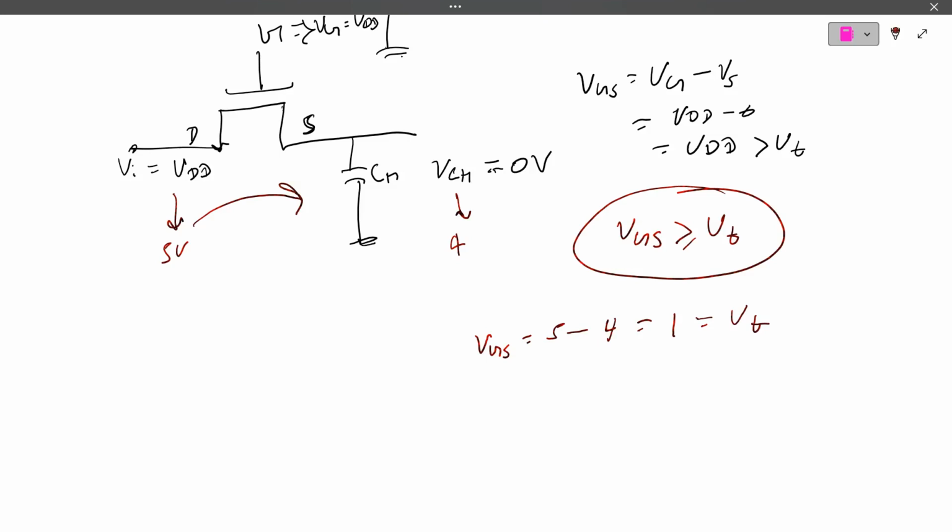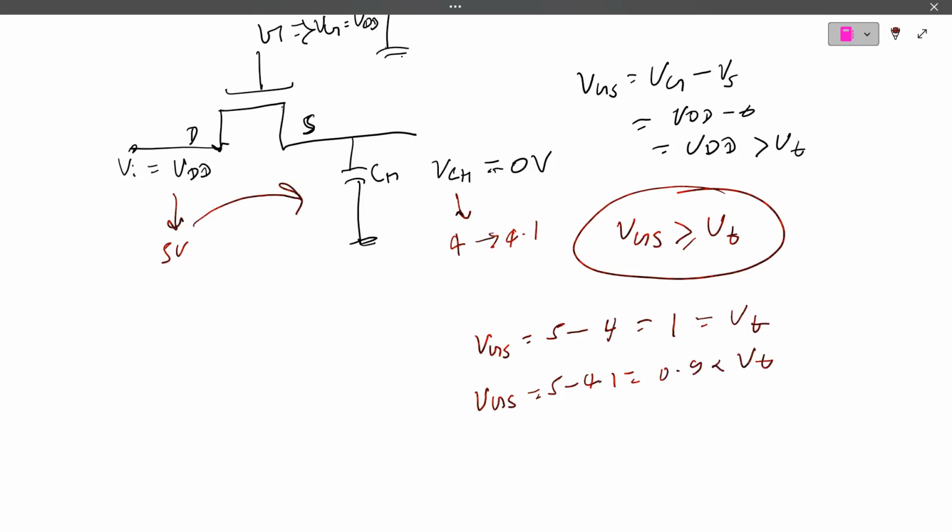Current will start to flow. Let's assume it charges up to 4.1 volts. In this case, VGS is 5 minus 4.1, which is 0.9, less than VT. So the NMOS will turn off and current will stop flowing.